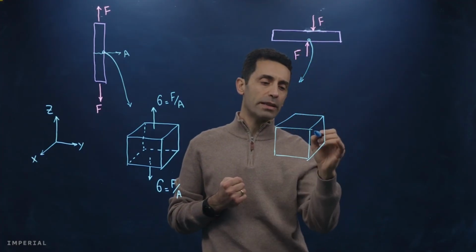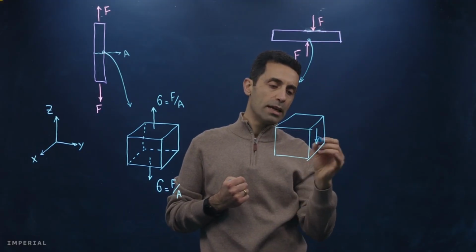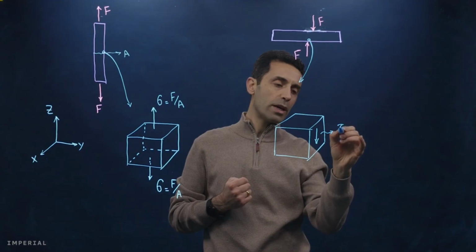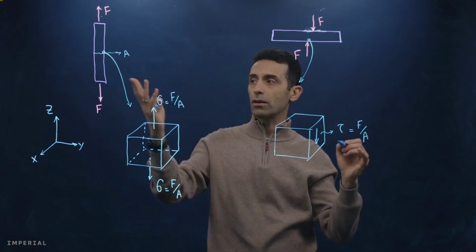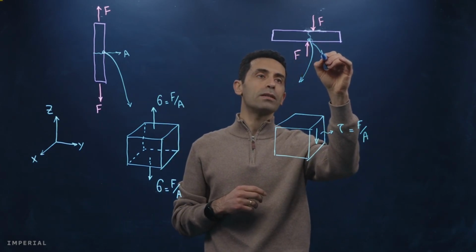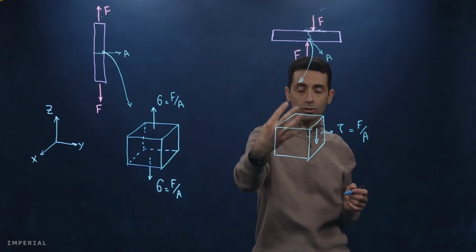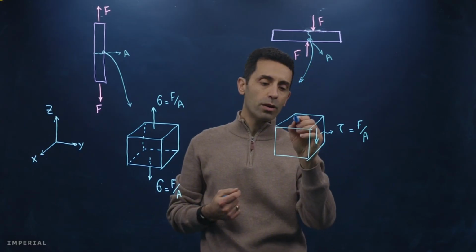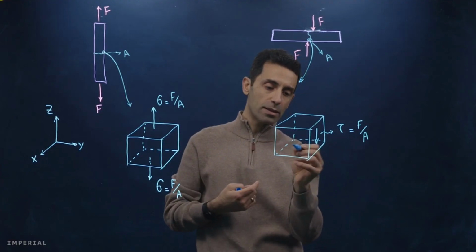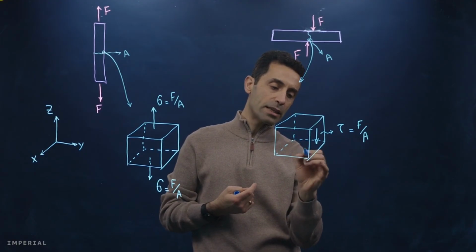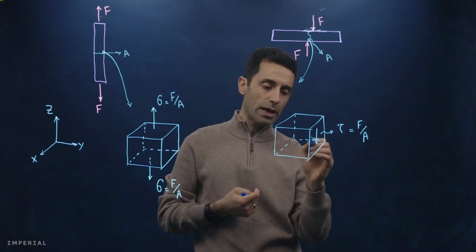This stress will be like this because our force is working downwards, and the amount of this stress is force divided by the cross-sectional area, which we call A. But our structure is in static equilibrium, therefore we have to have another stress or another force on the bottom face that is passing through this edge, so that the moments are zero when we look at the free body diagram.